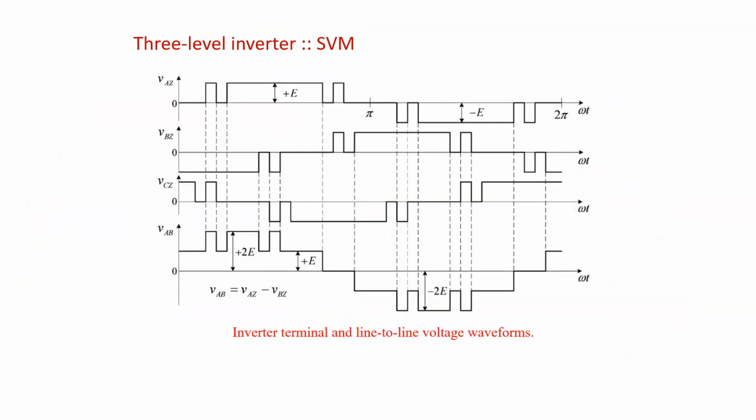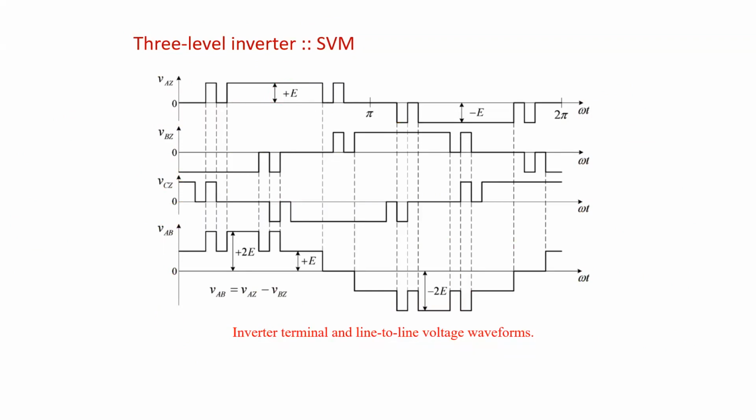Next we have VAZ, VBZ and VCZ, and this is the line voltage VAB. As we are already aware, the line voltage varies from plus 2E to minus 2E, whereas VAZ varies from plus E, 0, minus E. You are aware of this, right? Okay.